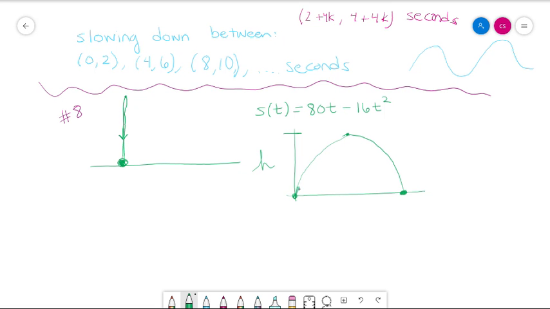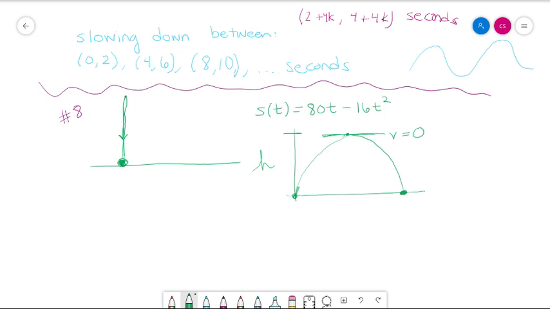The velocity, you can tell the rate of change, is biggest right when we launch that ball. And then our velocity is slowing down till we're at the maximum height. And our velocity is 0 because we're changing direction. Okay, so our maximum height happens when the velocity is 0. So that's how we're going to approach the problem.